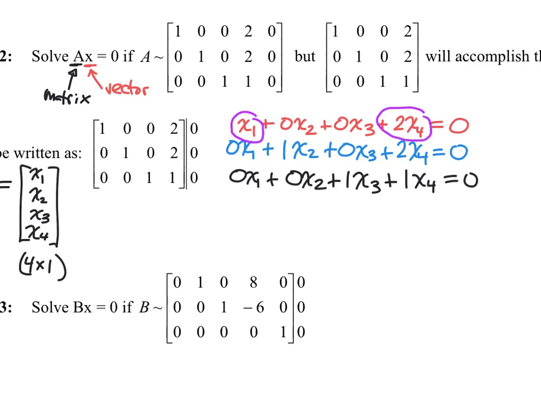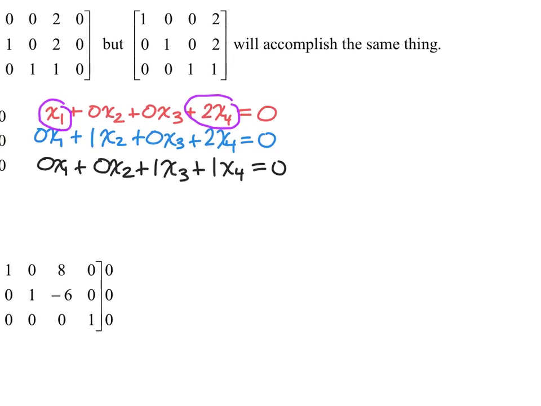You can see here that I can define my solution to the equation, x1 in terms of x4, just by subtracting from both sides. So negative 2x4. I could do the same thing with x2, also defining it in terms of x4.